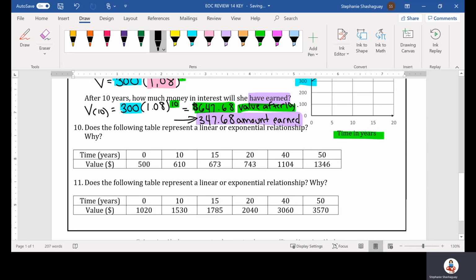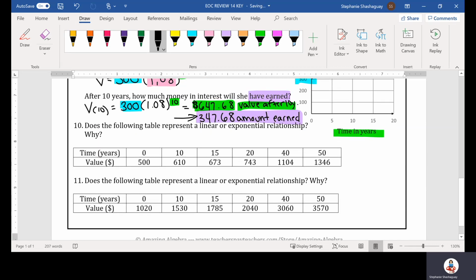Okay, number 10, does the following table represent a linear or exponential relationship? So again, we're comparing linear to exponential. Well, I'm going to look for intervals that are the same for my x. Okay, so if I'm looking for intervals that are the same, I see 10 to 15. That's a change in 5 years.